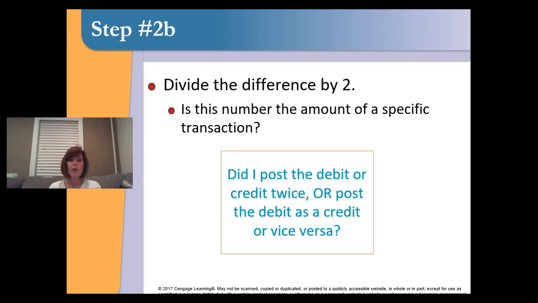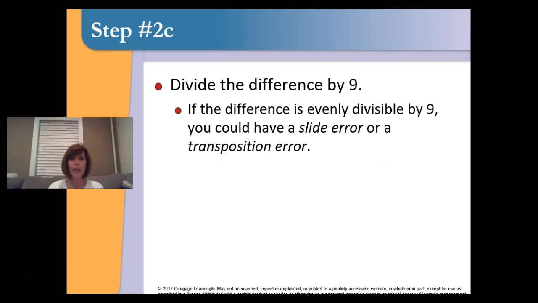So if you divide by 2 and you have an entry that looks suspiciously like that number divided by 2, that probably means that you posted a debit or a credit twice, or you posted a credit as a debit and a debit as a credit. But that's certainly someplace to look.